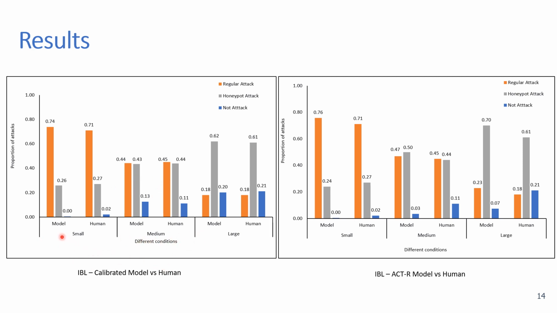Here the x-axis denotes the three conditions, and the y-axis denotes the proportion of attacks, with orange denoting regular, gray the honeypot, and blue the no attack action. The left one is for the IBL calibrated model, and the right part shows the IBL ACTR model results.